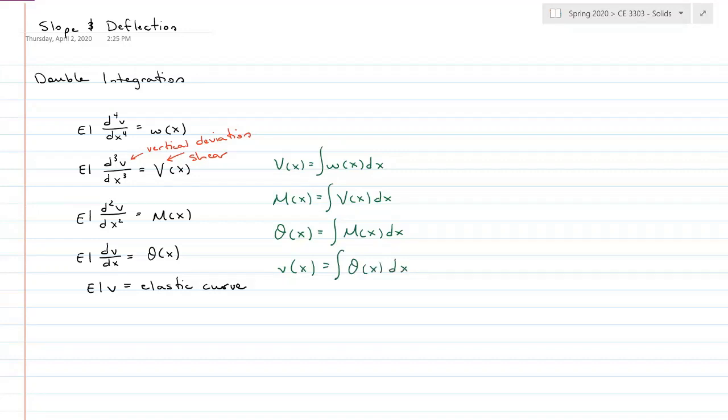All right, now with shear and moment and load, the make and model of the beam don't matter. But if I have a 2x2 square beam and a 2x2 steel beam, those two things are going to deflect quite differently. So when we get to slope and deflection, we add in E and I. E is still our modulus of elasticity.